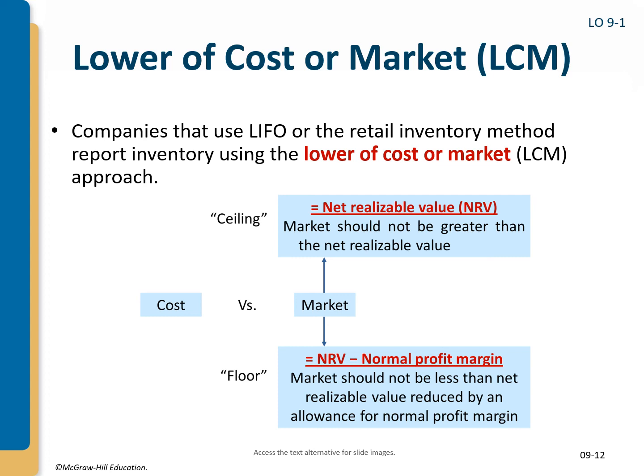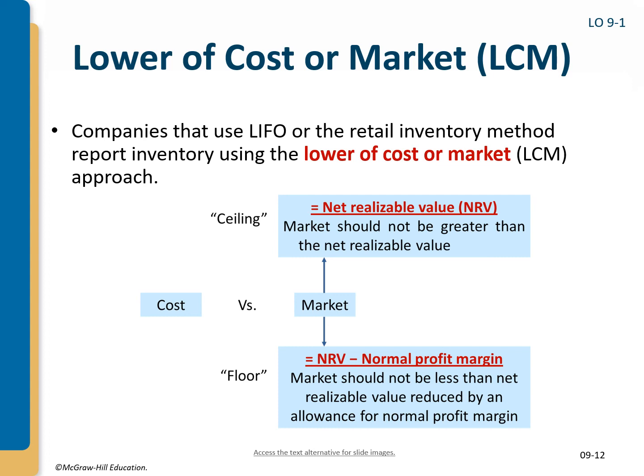If that amount is between the ceiling and the floor, then that's considered the market. If that replacement cost is above the ceiling, the ceiling is the market. If the replacement cost is below the floor, then the floor is the market.